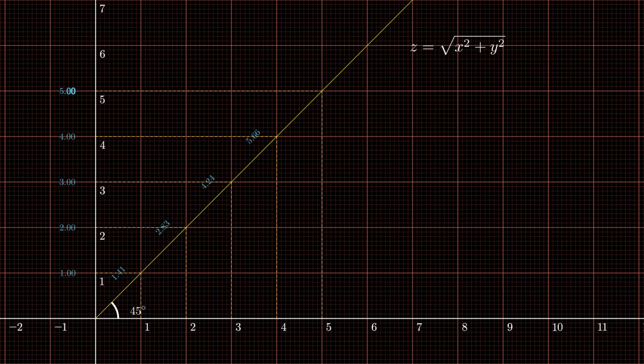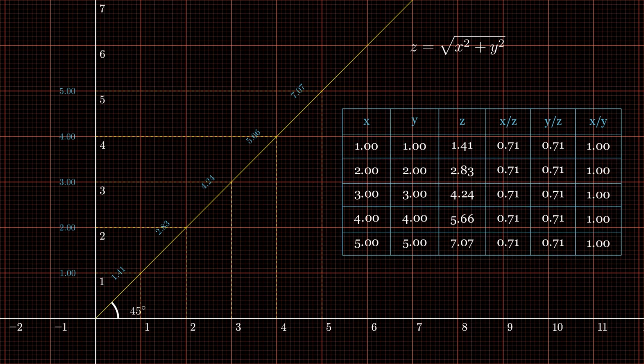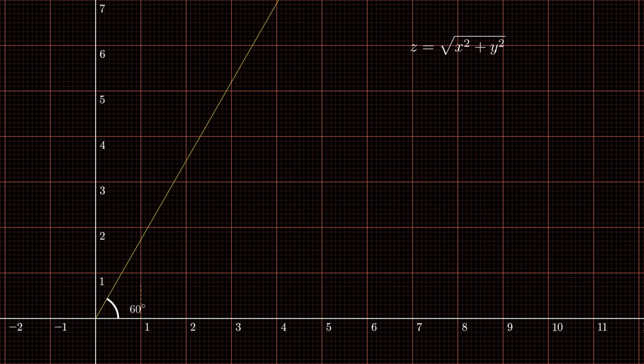Even in this case of the 45-degree line, you can notice that the value of x divided by z is 0.71 for all the values of x, and the value of y divided by z is 0.7 for all the values of x, and again the ratio of x by y is also 1 for all the values of x.